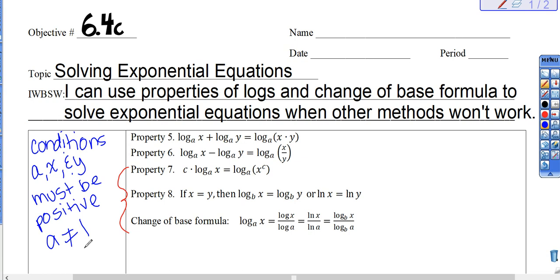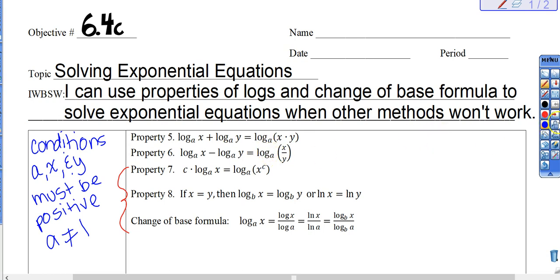The reason that I've changed it is because you have different math teachers throughout your life. They'll use different variations of these properties. So just adjust. A, X, and Y have to be positive, and the base A cannot be 1.